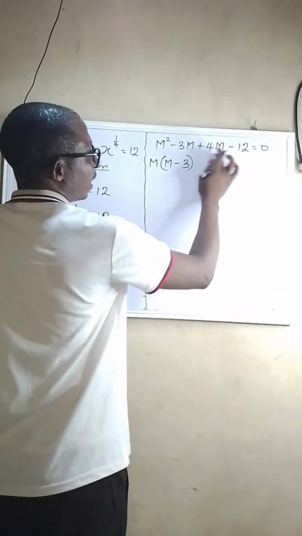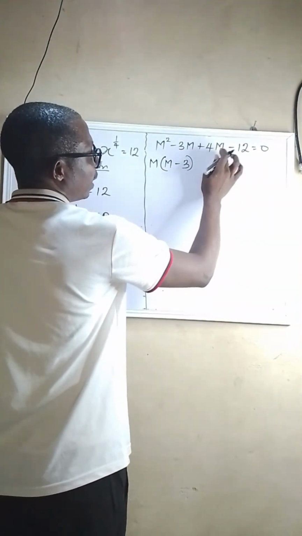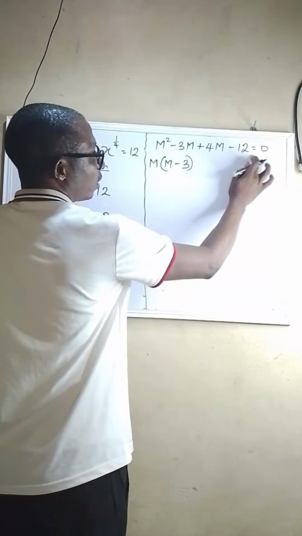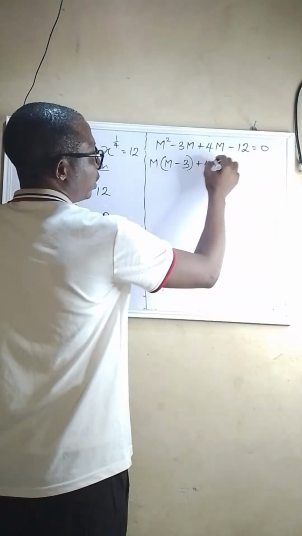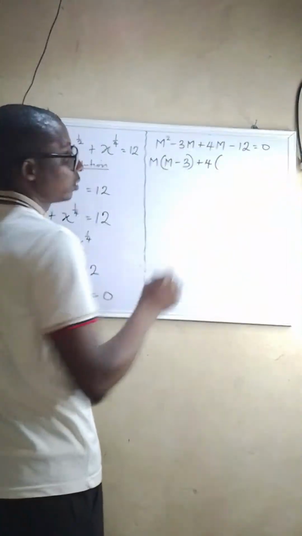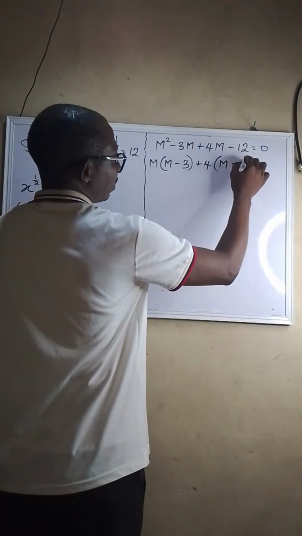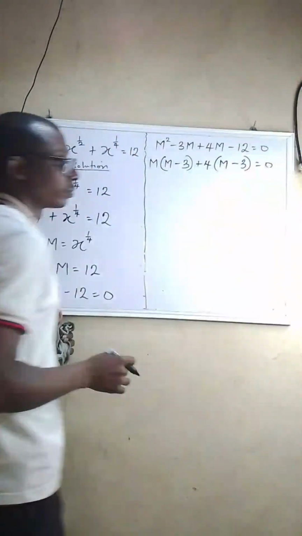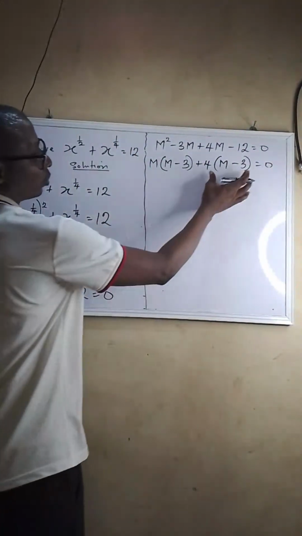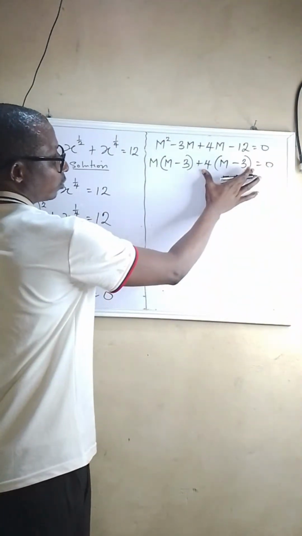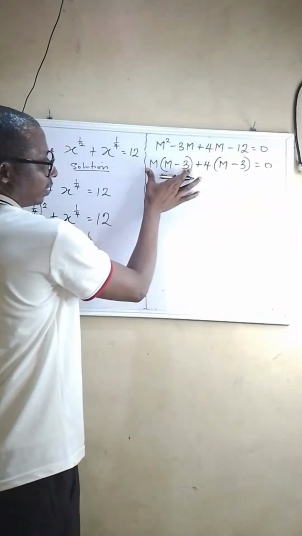Okay, the same thing here. 4 can go here, 4 can also go here. We have plus 4 being the common factor. So we divide this by 4, you have m. Divide this by 4, you have minus 3 equals 0. Okay, so the next thing is to factorize. We now have two terms, the first term and the second term.